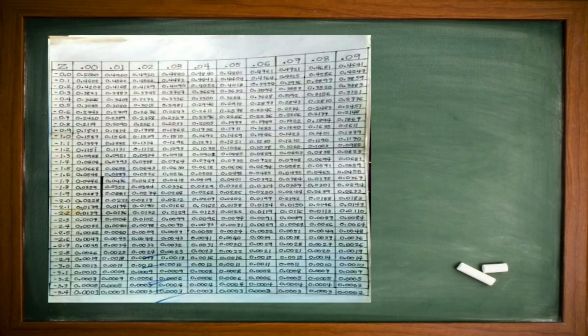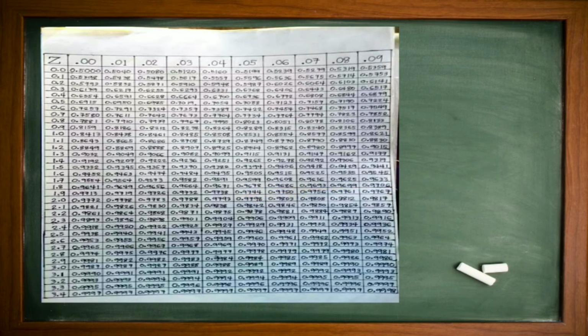And then, ito naman po yung ating critical z-values. Meron tayong positive and negative. So, ayan po yung ating positive z-value table. Okay, vertically, meron tayong 0.01 hanggang 3.4. And then, horizontally, yung nasa taas, meron tayong 0.00 hanggang 0.09.